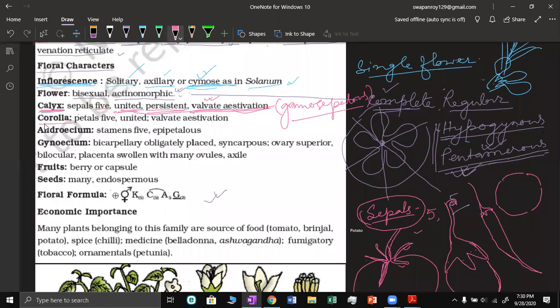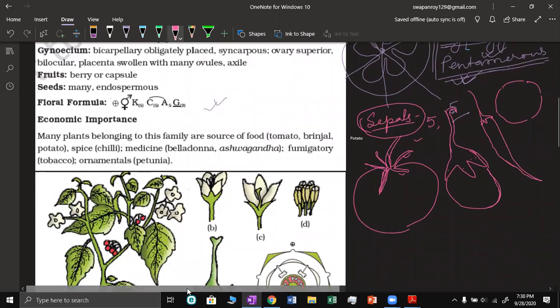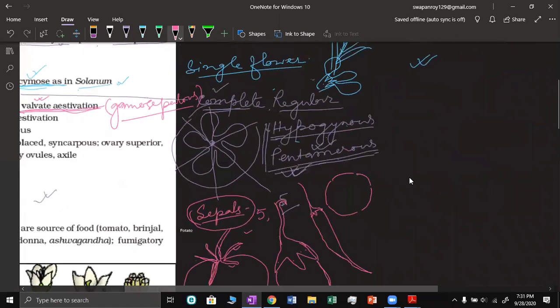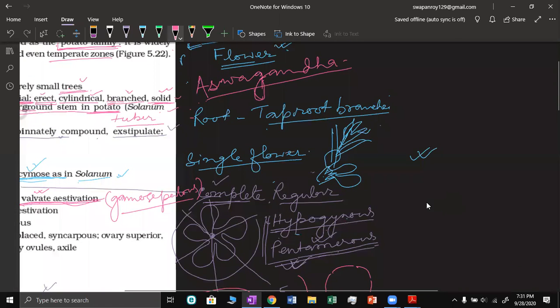After that, corolla, the petals. How many petals? I told you it is a pentamerous flower, so petals are also 5. These petals are also united. United petals, what do we say? United petals are gamopetalous.